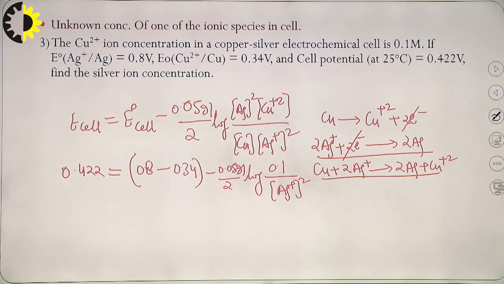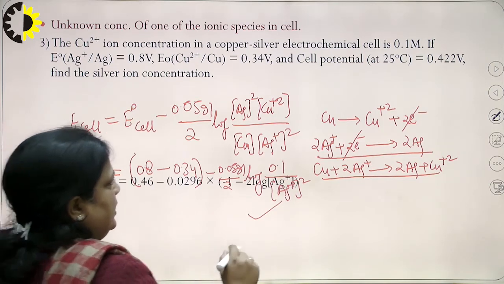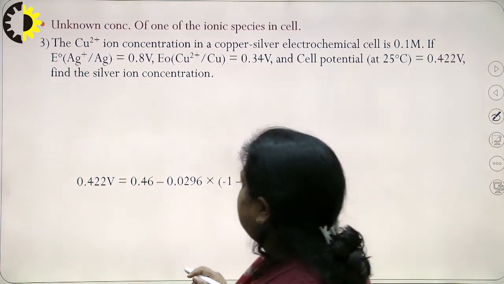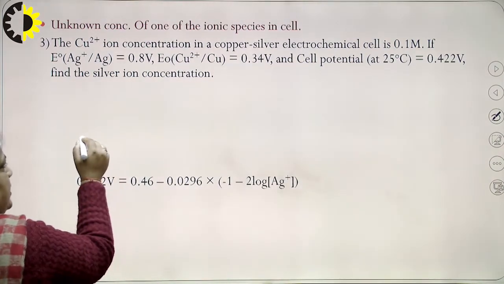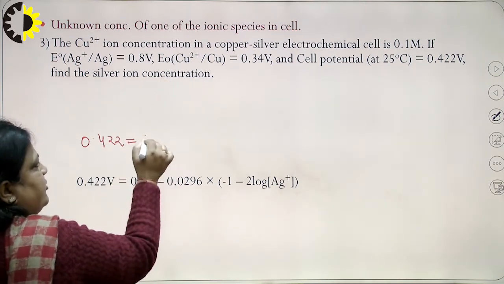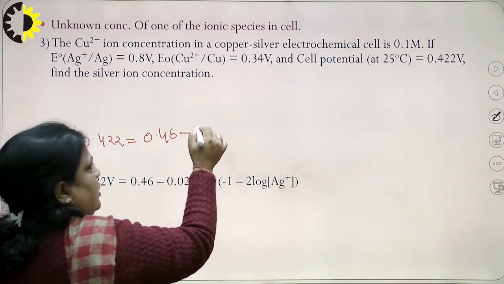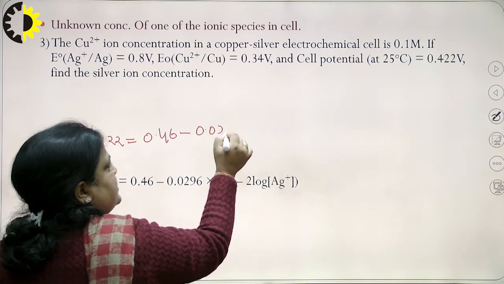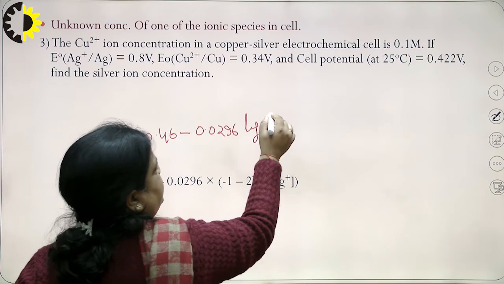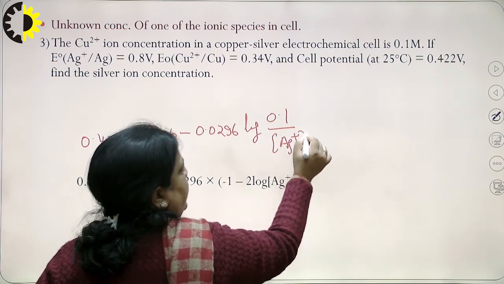Now, we can solve this and find the concentration of Ag plus. When we solve this, it is 0.2422 = 0.8 minus 0.34, which is 0.46, minus 0.0591 upon 2, which is 0.0296, times log of its concentration, 0.1 divided by Ag plus square.